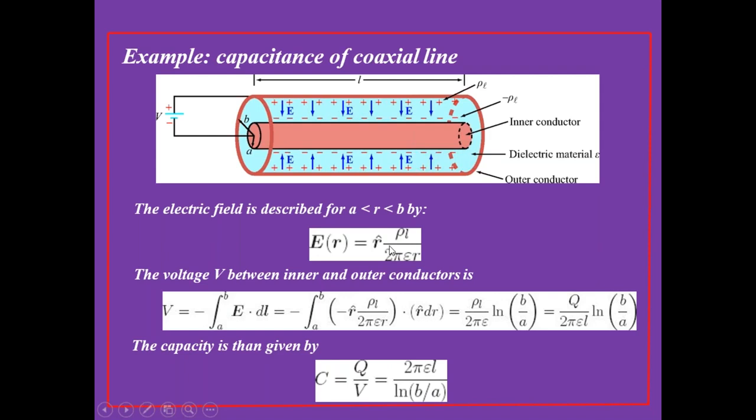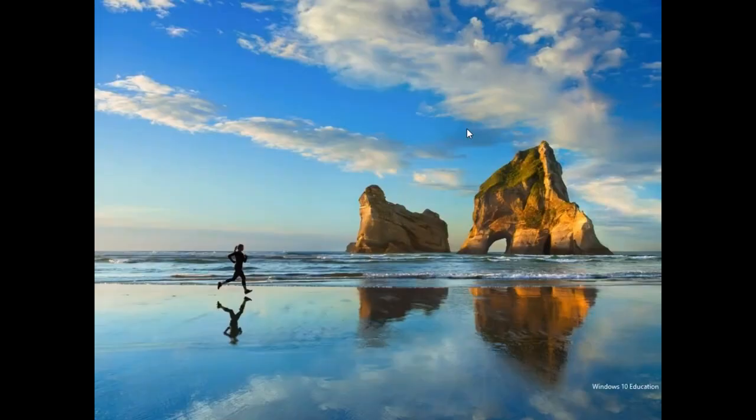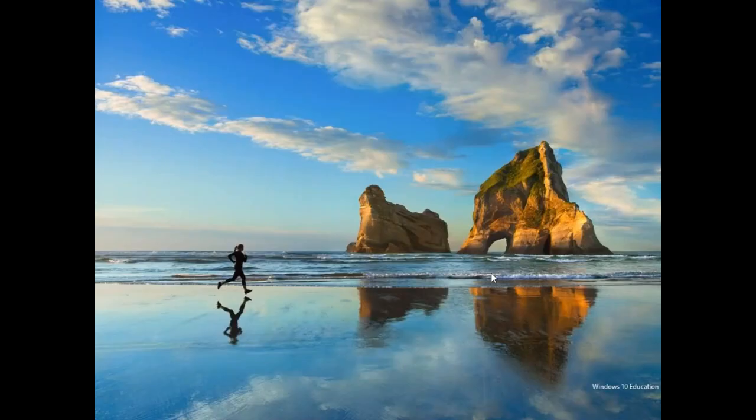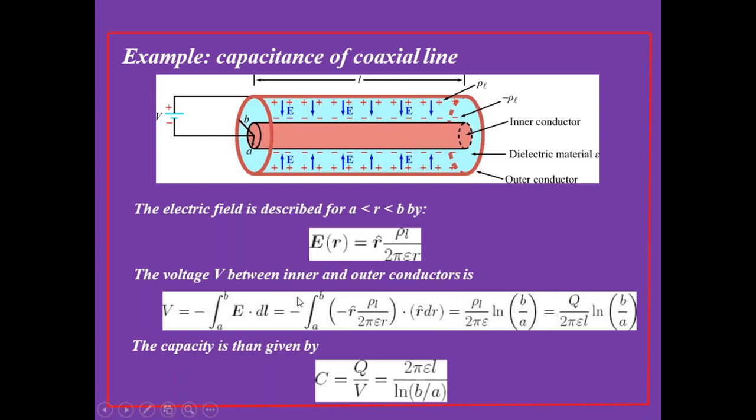The voltage between the inner and outer conductor is given by this formula here. Then the capacitance is given by this.